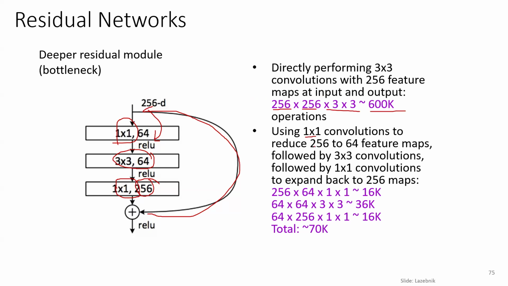Using 1 by 1 convolutions to reduce 256 to 64, then 3 by 3 convolution, and then 1 by 1: for the first 1 by 1 convolution, 16,000 operations. Then for the 3 by 3 convolution from 64 channels to 64 channels, 36,000 operations. Then 64 channels to 256, 1 by 1 convolution, 16,000 operations, altogether 70,000 computations. So 600,000 to 70,000. You can see a massive reduction in the computations because of this.